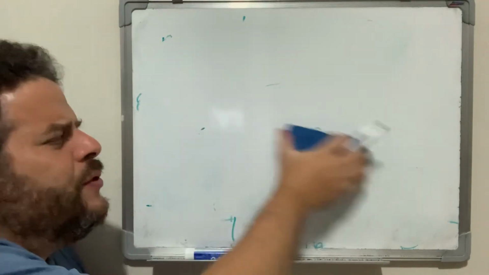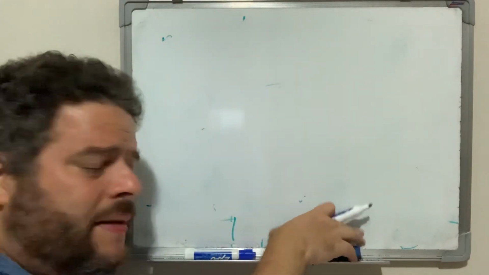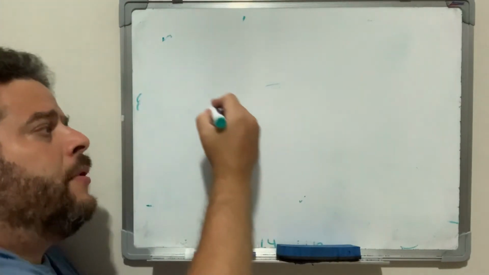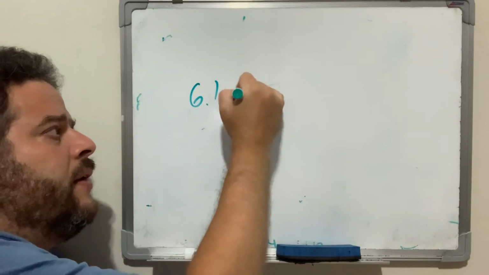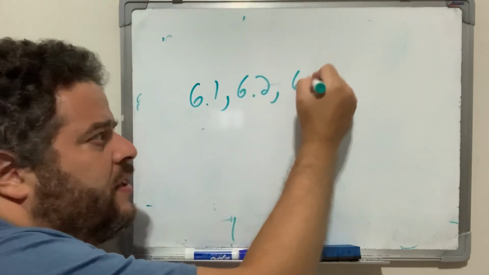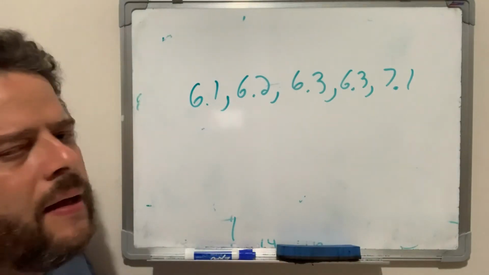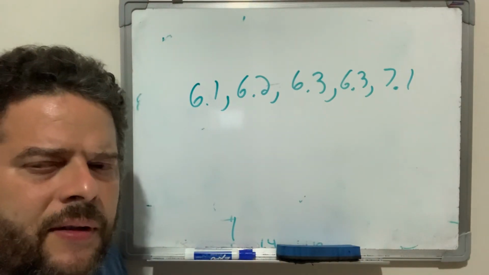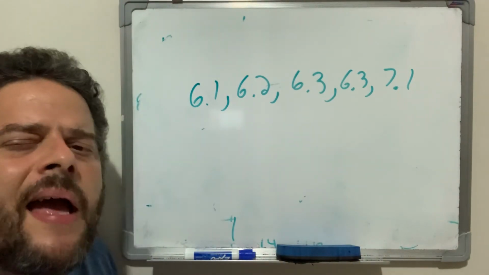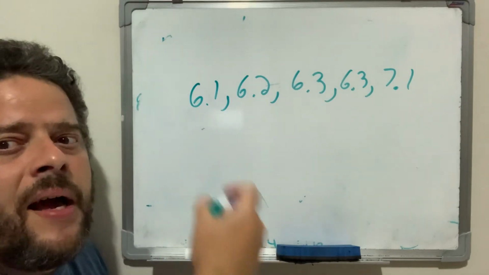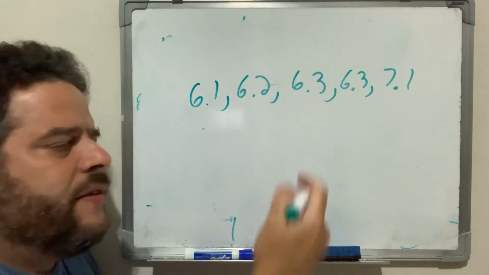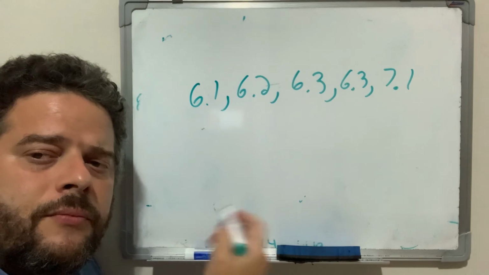However, once you start segmenting the data, for example, if you have 6.1, 6.2, 6.3, 6.3, 7.1, and you have a lot of measurements, the dot plot would not be as useful here because you would need a lot more intervals. Here instead, you can do histograms.